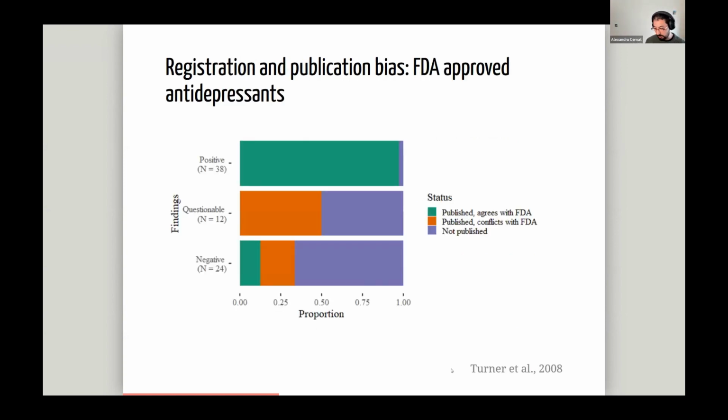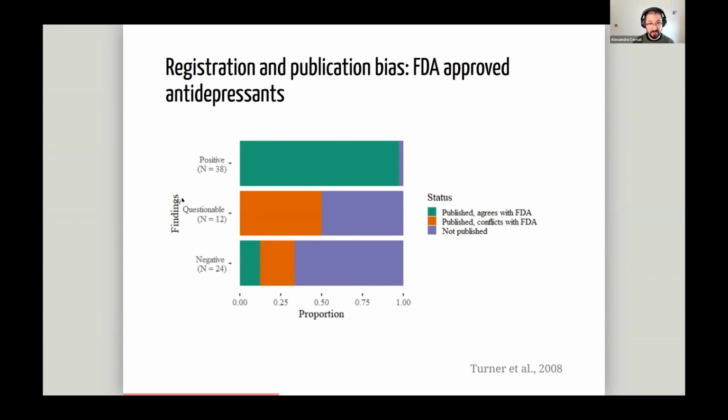And again, similar to what we saw with the time-sharing experiment, having information about registration helps us see what kind of bias we have in publication of results. So here, for example, we have a small number of studies that were approved by the FDA for antidepressants.